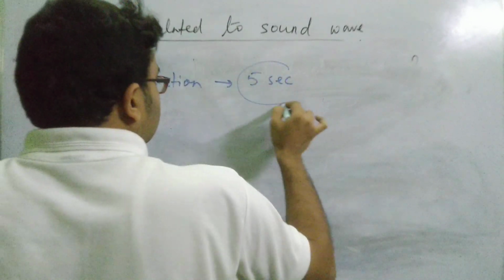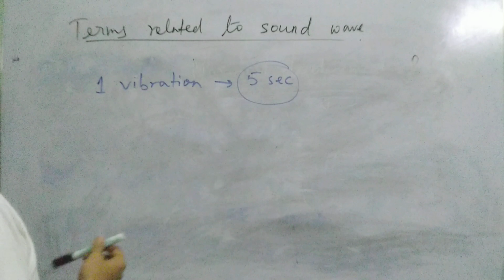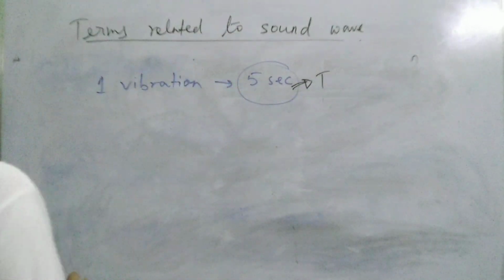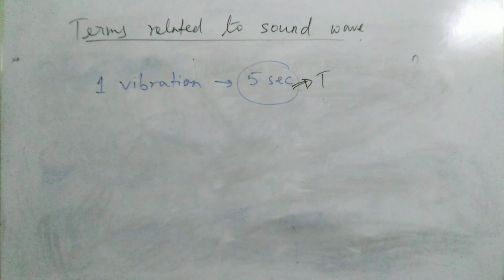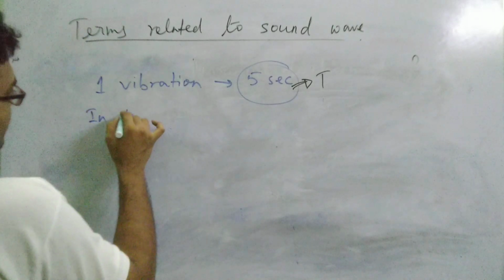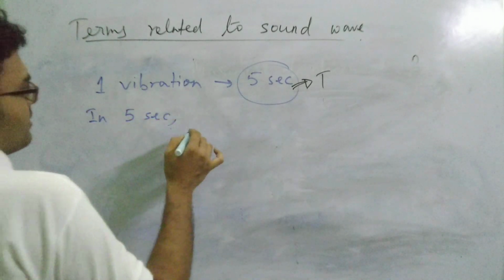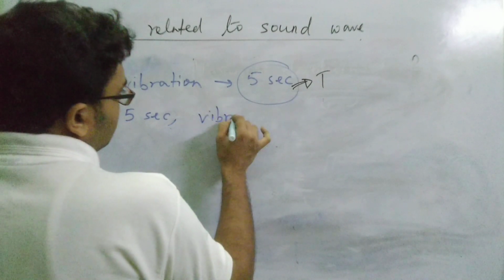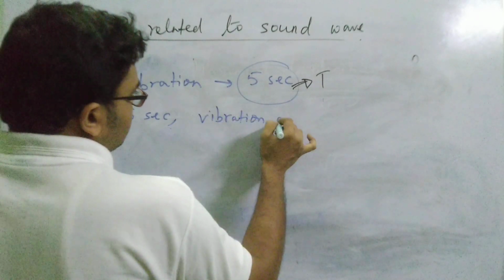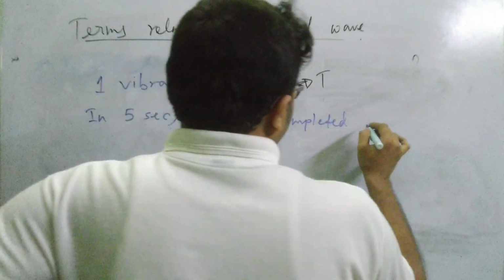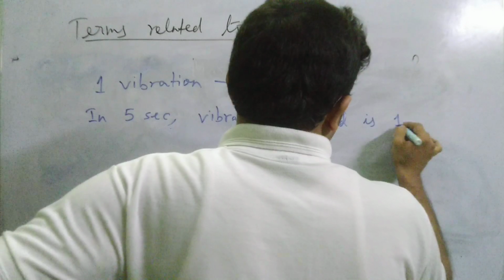Now what is this? This time taken to complete one vibration is nothing but the time period denoted by letter capital T, isn't it? Yeah. So what is frequency? It is the number of vibrations in 1 second. So just write it the other way. In 5 seconds, the number of vibrations completed is 1.